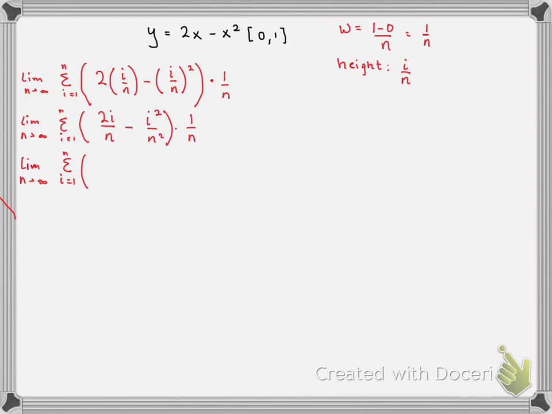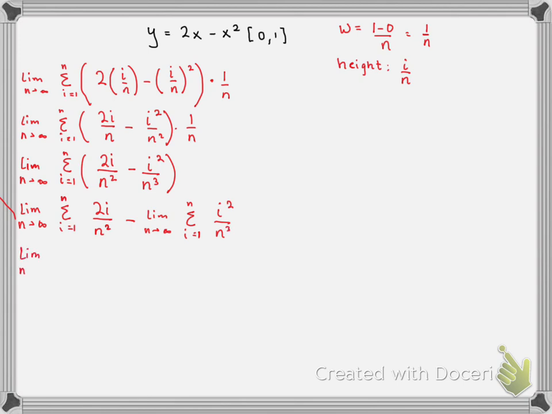So 2i over n times 1 over n is 2i over n squared minus i squared over n cubed. Looks much more difficult than that, but there you have it, not that big of a deal. Okay, now we're going to separate the terms. So the limit as n approaches infinity of the sum from 1 to n of 2i over n squared minus the sum from 1 to n of i squared over n cubed.